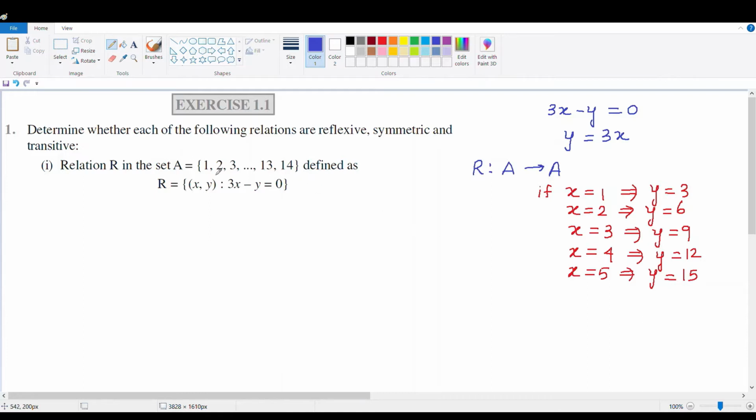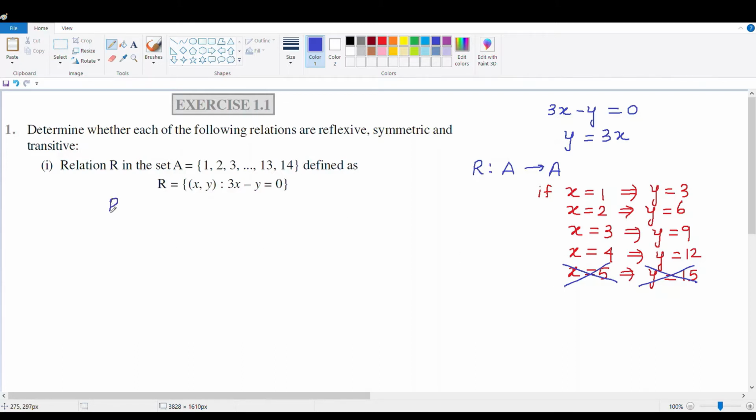We cannot find that 15 in this set A. So this number pair we cannot take in our set R. Why? Because by the relation that you are given, if you take x equals 5, there must be y that is equal to 15, and our set A does not have that element in it.